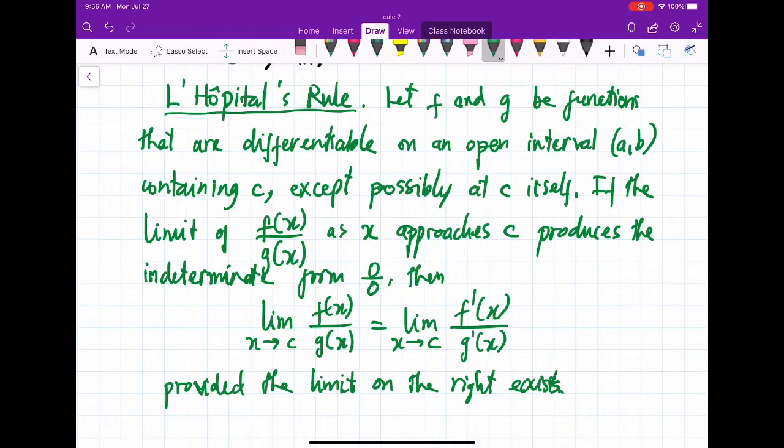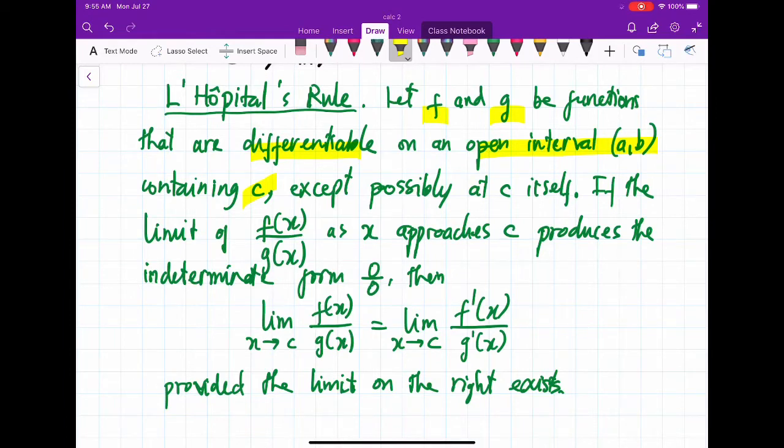Suppose that you have two functions f and g and both are differentiable. That means f and g have derivatives on an open interval (a, b), okay? And that interval contains c, except possibly at c itself.